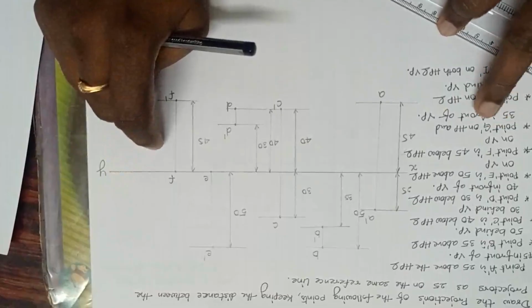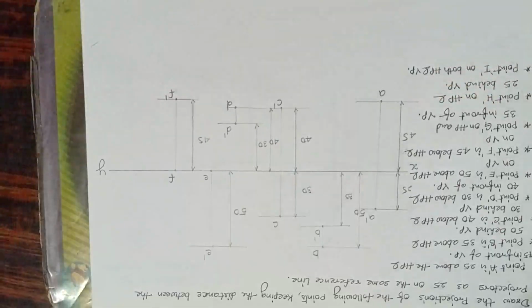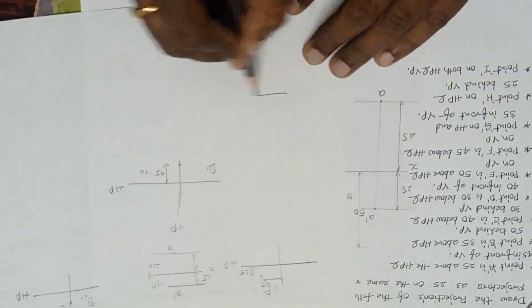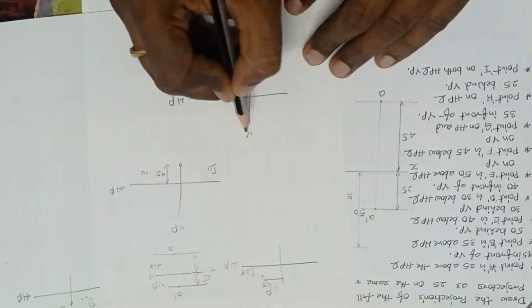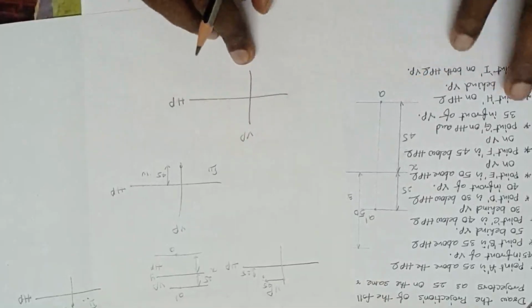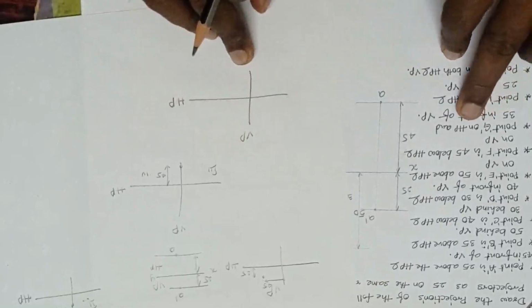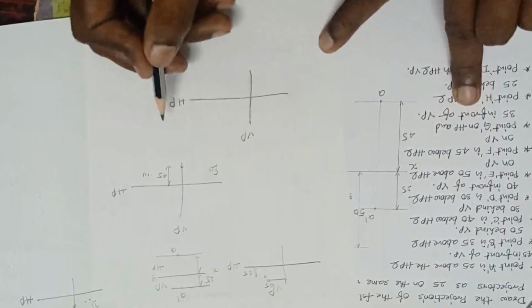See, his point G is on the HP, he is telling, and 35 in front of VP. Now let us draw the quadrants. XY, HP, VP. This is HP, this is VP. Now point G on the HP means on the HP, and in front of VP means in front.